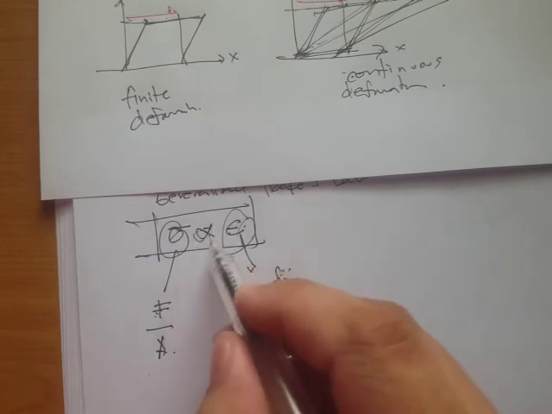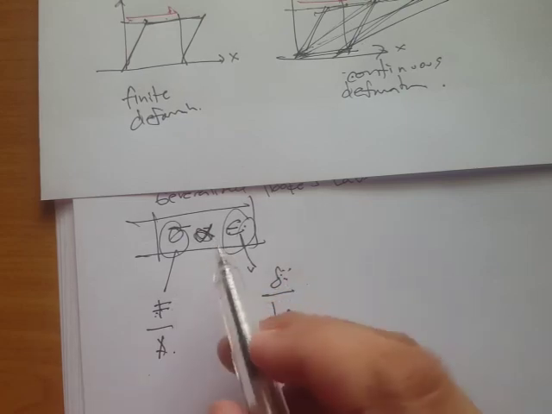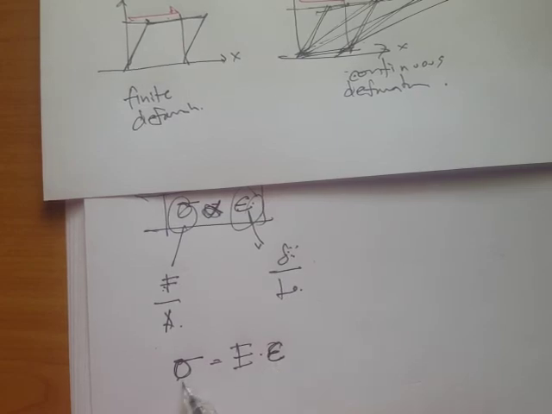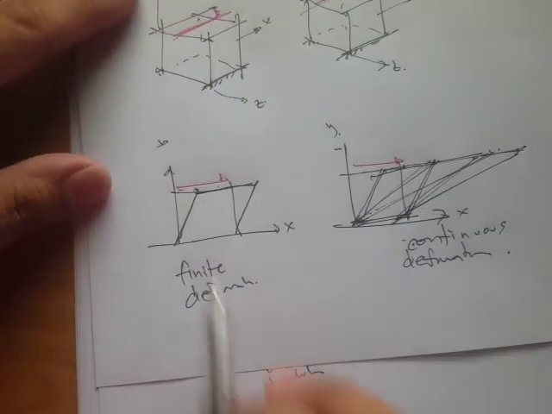Okay, so if we change this proportionality symbol, we get E and then the strain, right? So we have the axial stress is directly proportional to the axial strain by this elastic modulus. And this kind of stress is axial stress. Of course, this one would be axial strain, but we're talking about shear here.